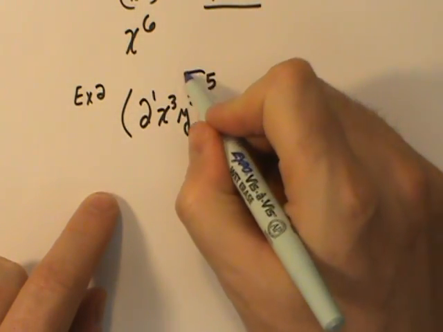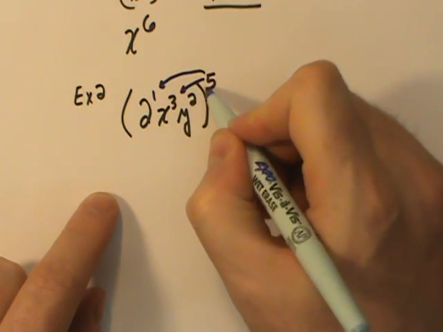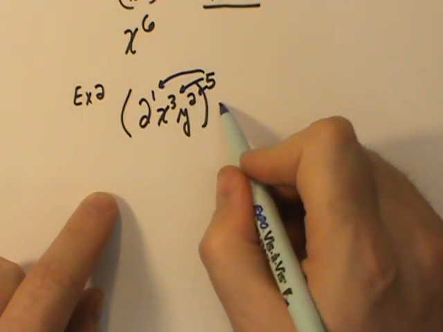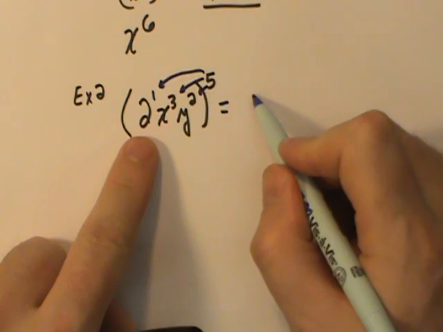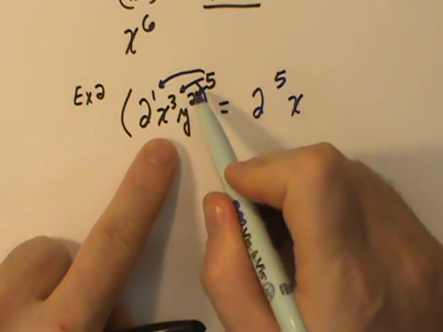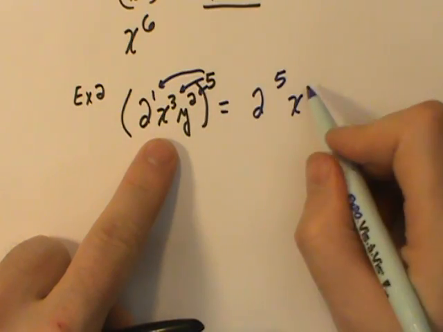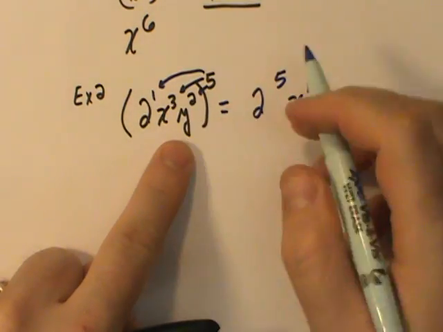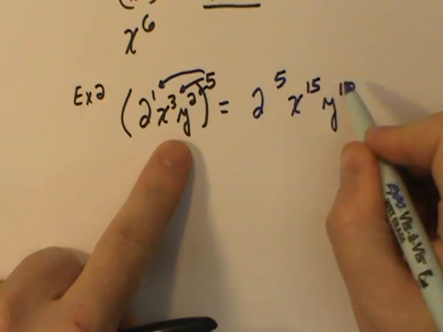In other words, I'll go 5 times 1, 5 times 3, 5 times 2. And so I could list this as 2 to the 5th, x to the 15th, because 5 times 3 would be 15, and then y to the 10th, because 5 times 2 is 10.